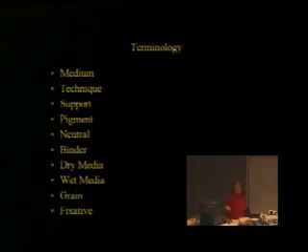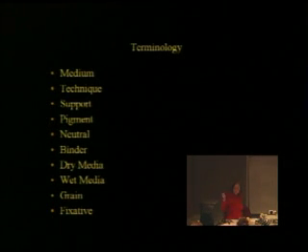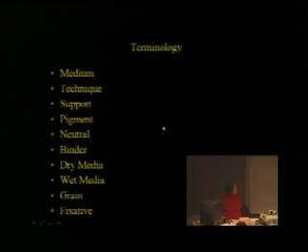They're not liquid. They're dry, and the way that they're applied to a surface is by scratching that surface with the material. Usually the material's in the form of a stick or a rod of whatever particular media it is. So dry media is applied by scratching the surface and leaving behind some of that material.